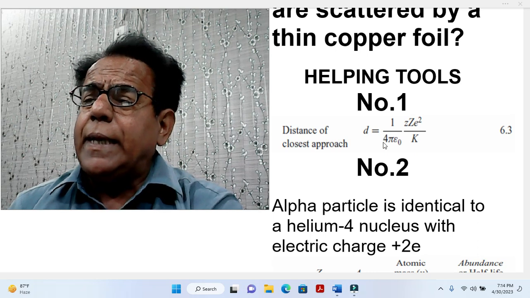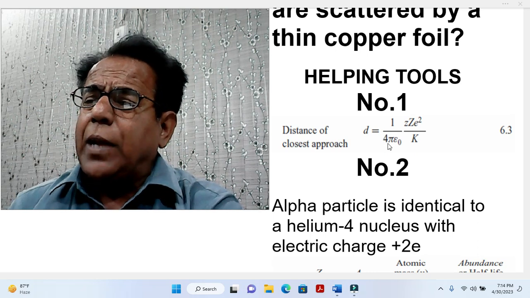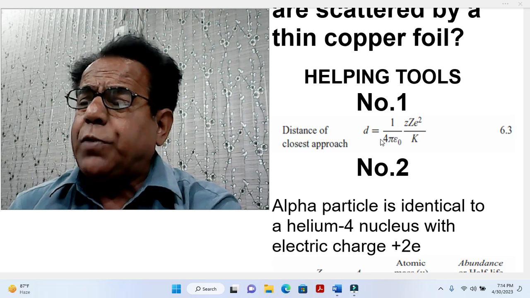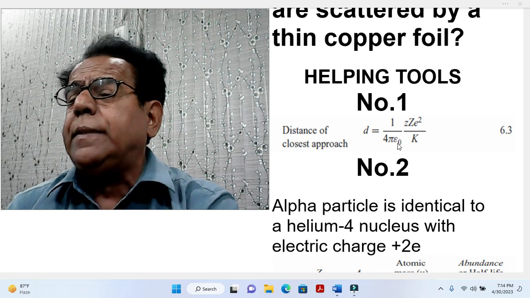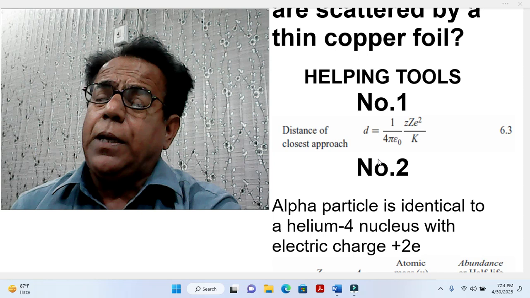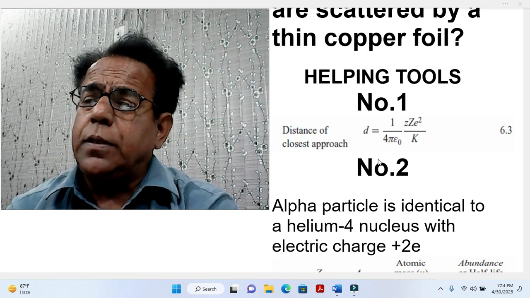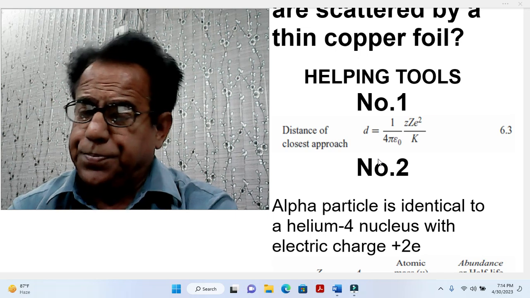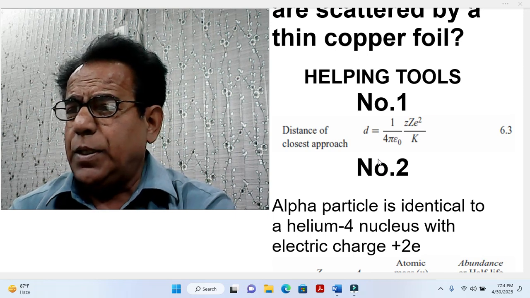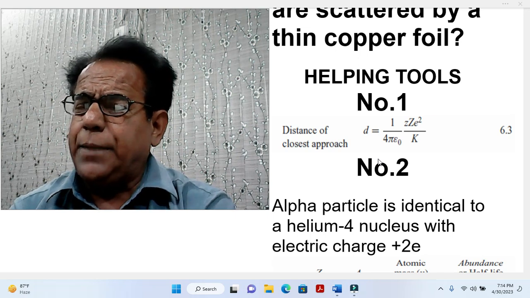In addition to this, the combined value of e square over 4 pi epsilon naught is also given in the table included in our tool.